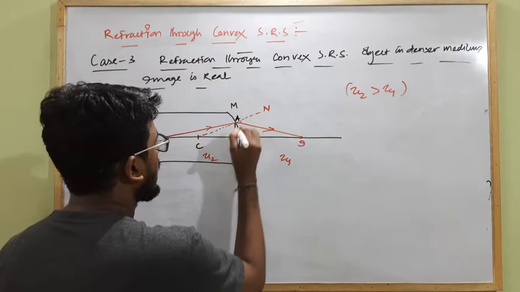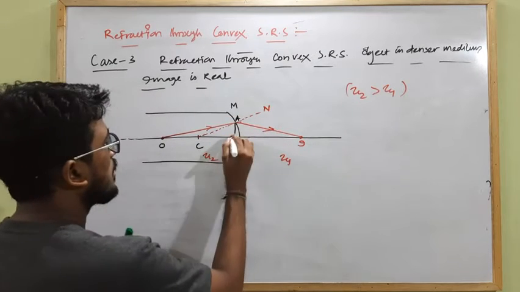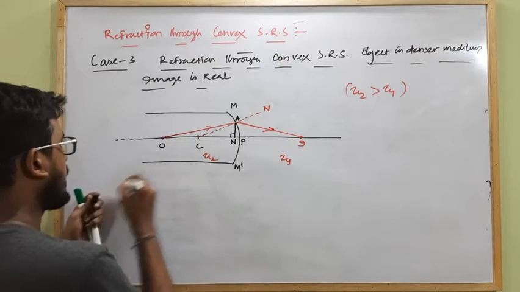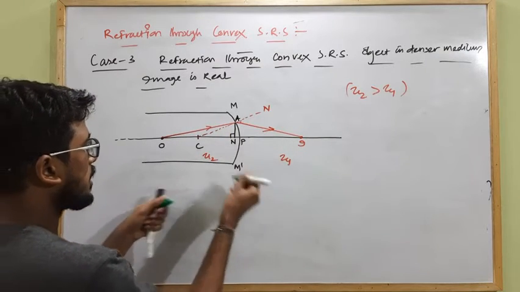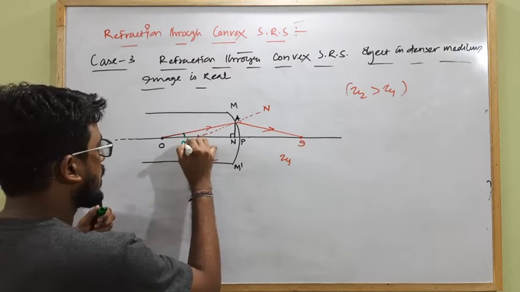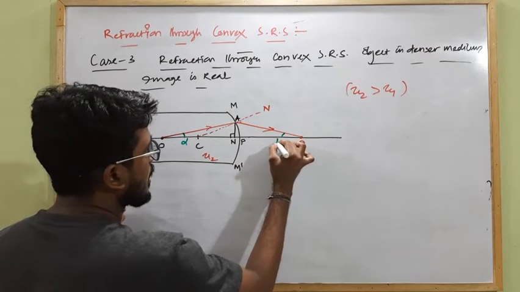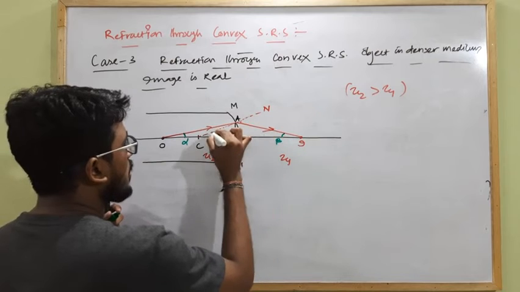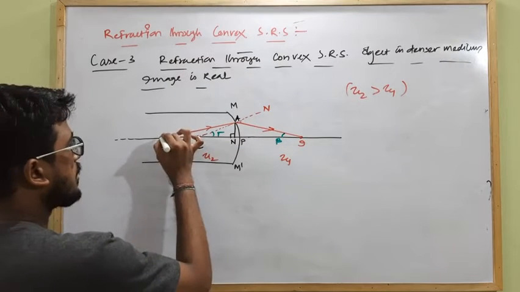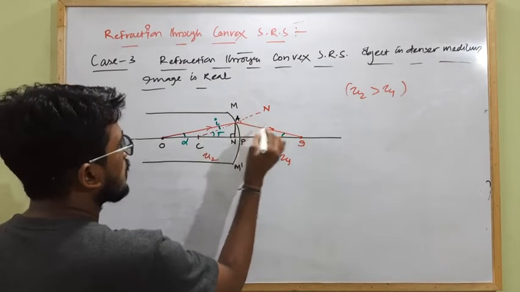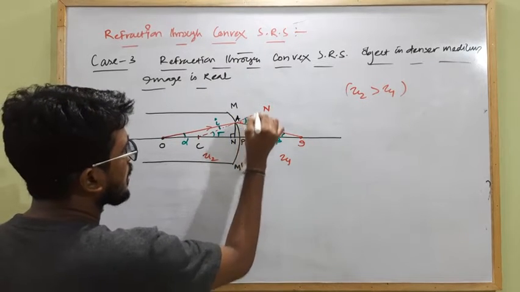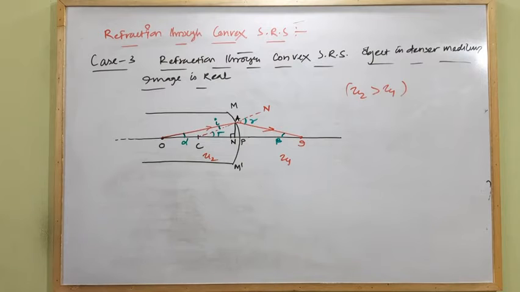Let the point be A and this is N, 90 degrees. The angle made by the incident ray with the principal axis will be alpha, this angle will be beta, and this angle with the normal will be gamma. The angle between the incident ray and normal is i, and between the refracted ray and normal is r. Clear?